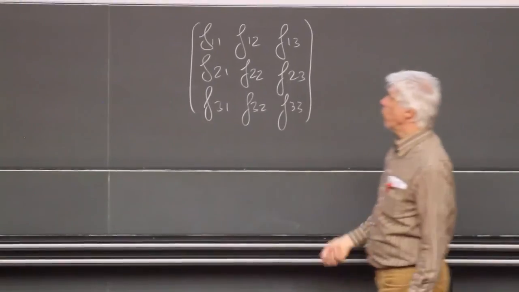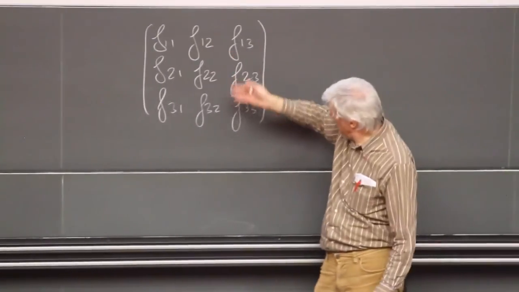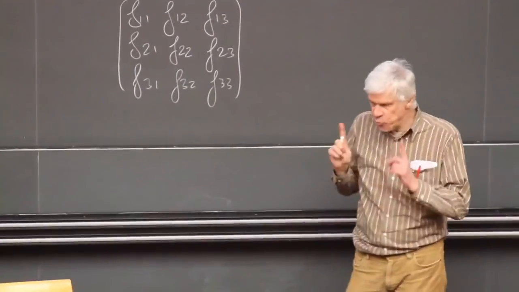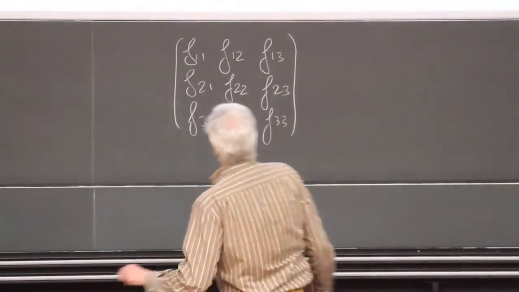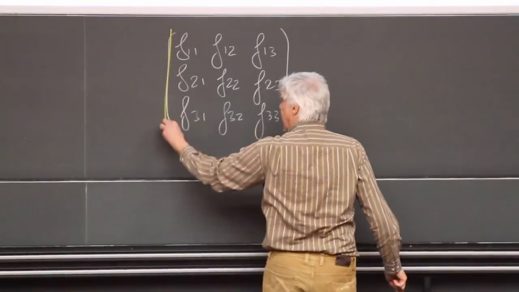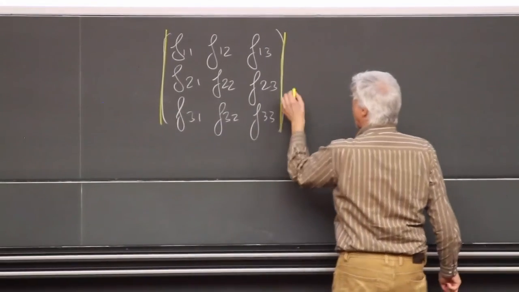So that would be F with its 9 elements. And now we say, oh, the determinant has to be 0, because we have this rank 2.